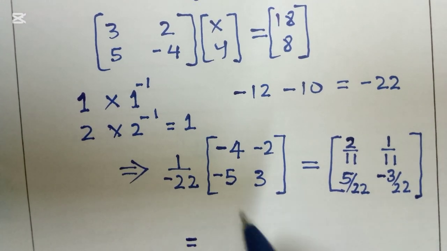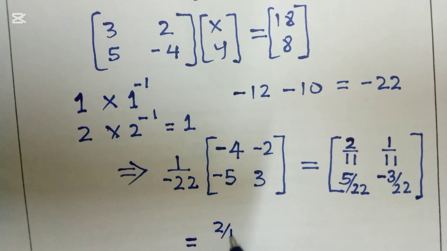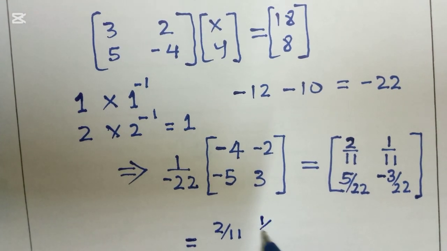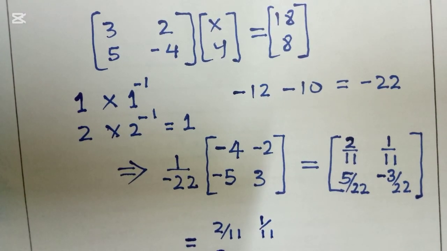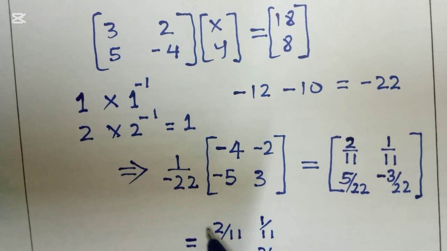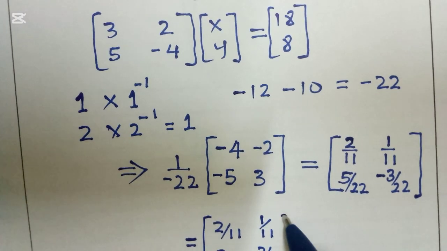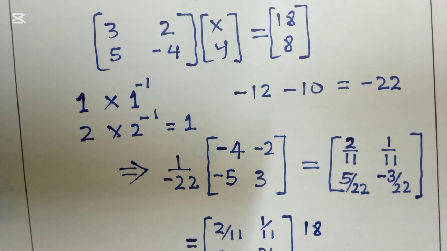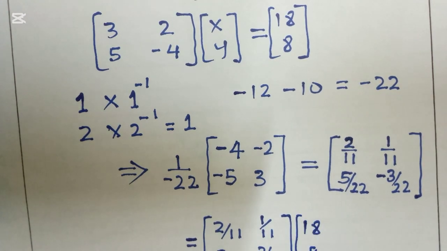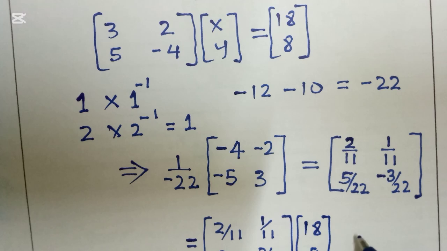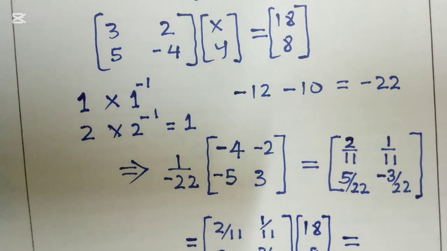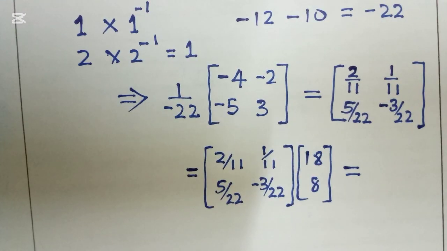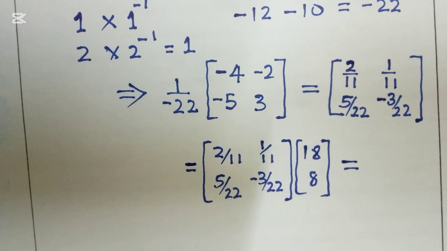You put this matrix first, 2 over 11, 1 over 11, then 5 over 22, then negative 3 all over 22. That now you multiply by 18 and then 8. When you multiply that, guys, then we are going to find our x and y. So we go ahead and multiply that right now.